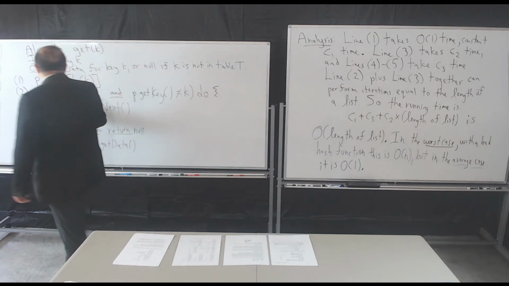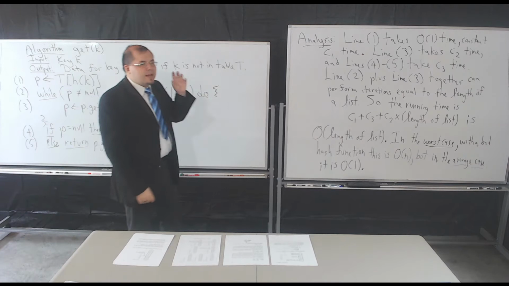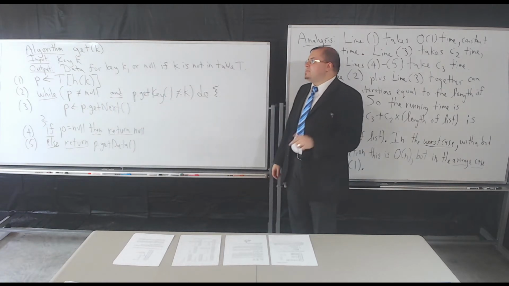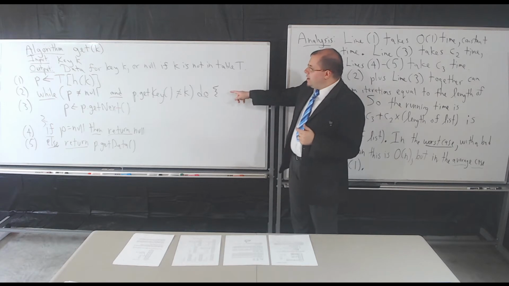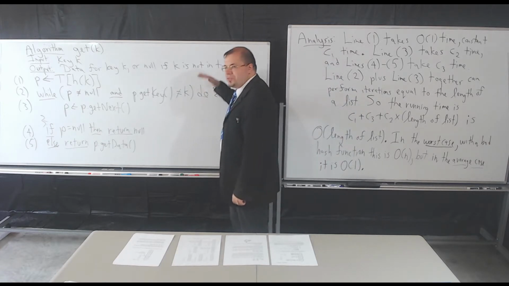Remember, the reason why this works is that I know that if I used my hash function, it had to arrive me at that list by definition. Then on top of that, because of the correctness of my hash function, it's going to go through and give me each one. It's going to traverse the linked list.